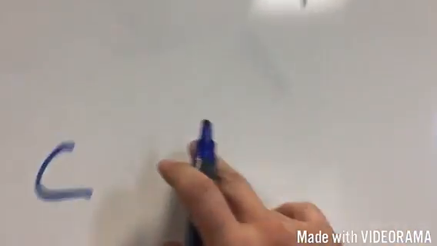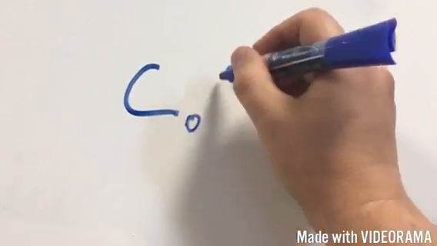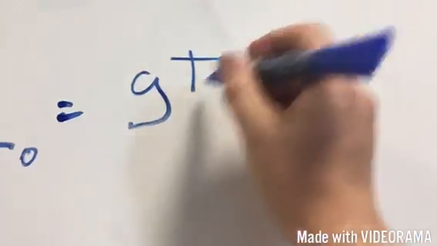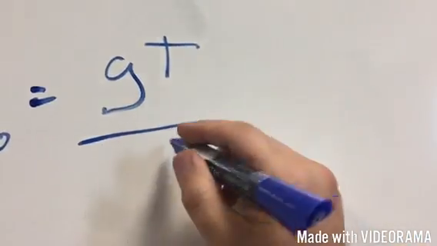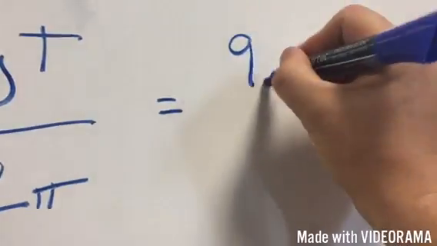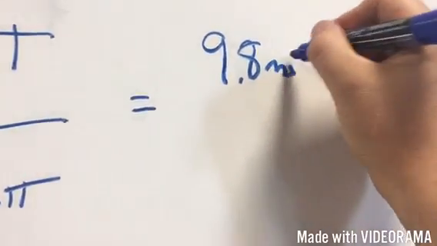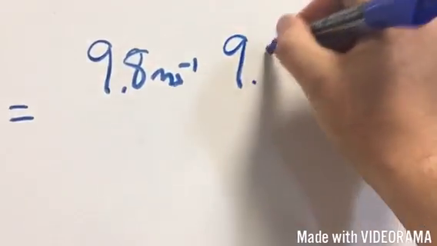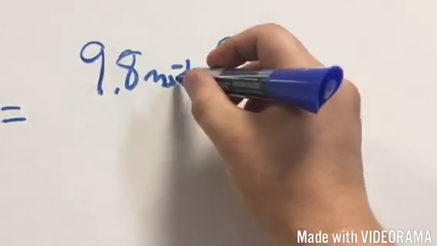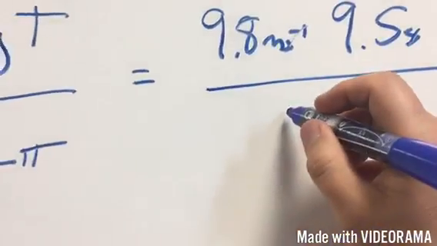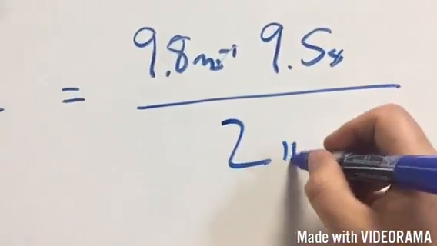So first, to find our velocity, we need to find C naught. C naught for a deep water condition is equal to gravity times the period divided by 2 pi. Our gravity we know is 9.8 meters per second squared, and our period is around 9.5 seconds, and we have 2 pi here.